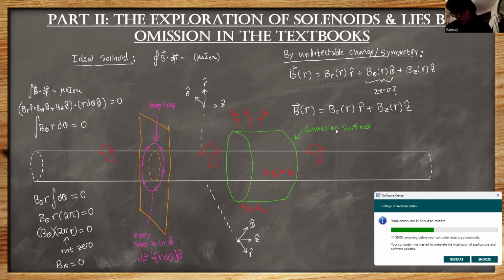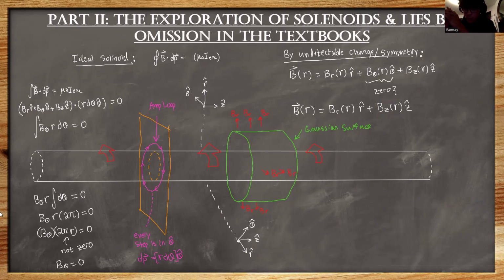Correct. Well, we also agree that the Z component of the B field can't change according to Z, can it? No, of course not. Due to symmetry, we're confident that a BZ here would be identical to a BZ here.